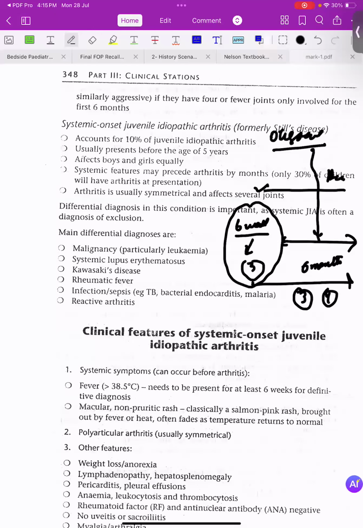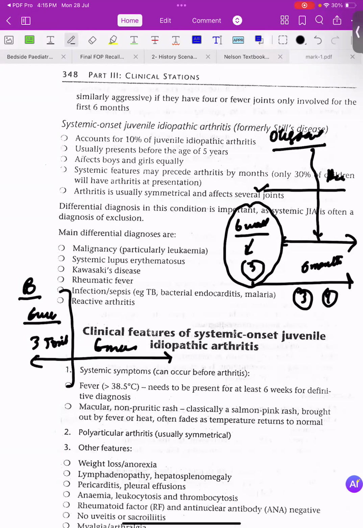The next case is patient B, who within the 6 weeks had 3 joints involved. This patient comes to me for follow-up over a period of 6 months, but after the 6 weeks his joint involvement may be 7, more than 5, but it's not a case of polyarticular. Why? My criteria was decided within 6 weeks.